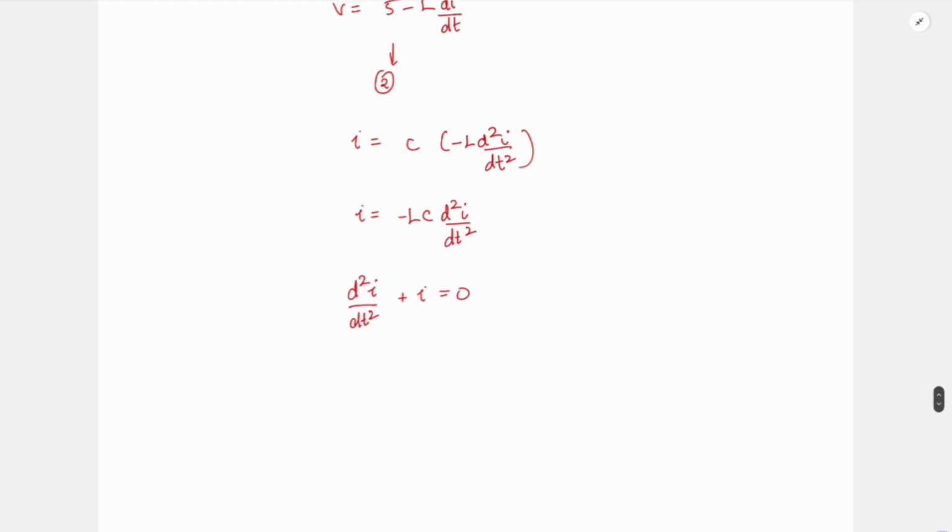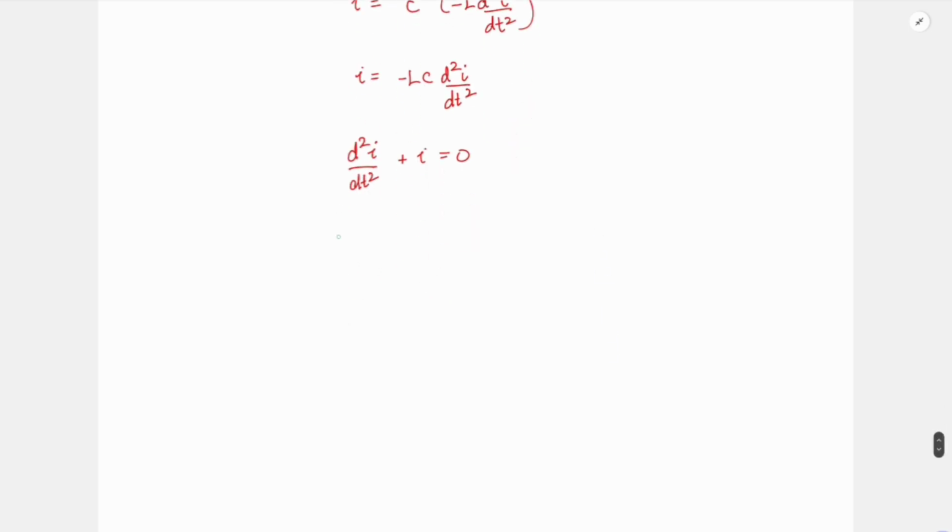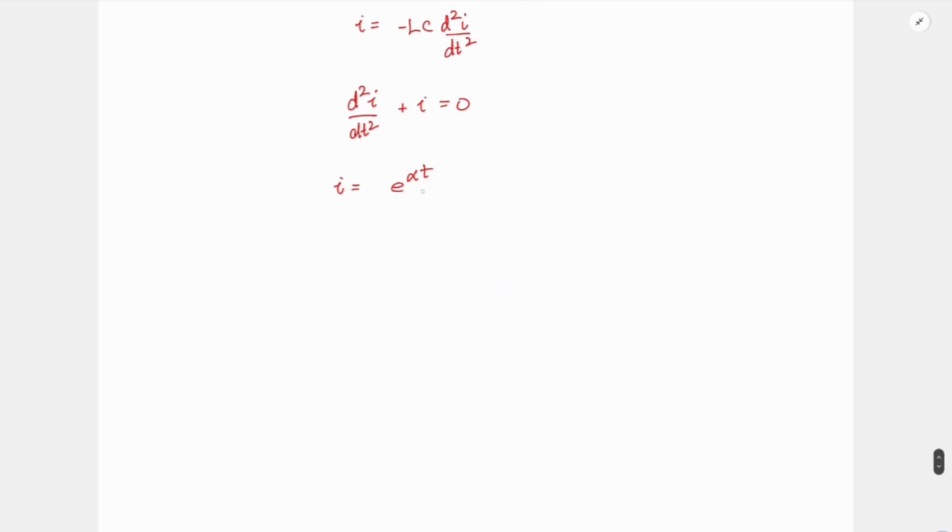Now we need to solve this differential equation. This is a second order differential equation. I can assume my I to be some e power alpha t and substitute it here. Twice the derivative of this will give me alpha square e power alpha t, plus I of t which is e power alpha t, equal to 0. So this is nothing but alpha square plus 1 times e power alpha t equal to 0.